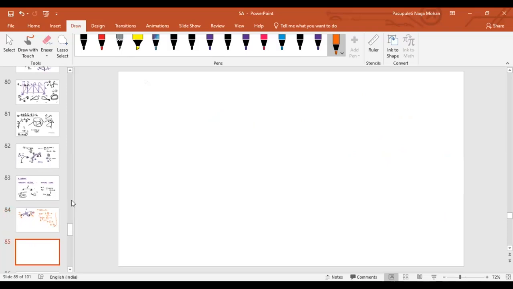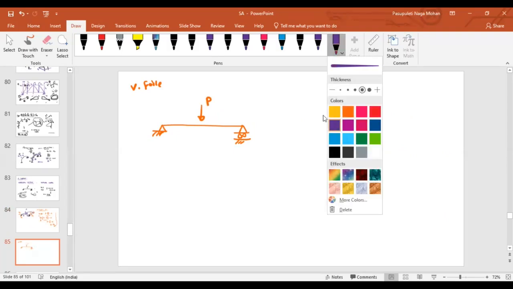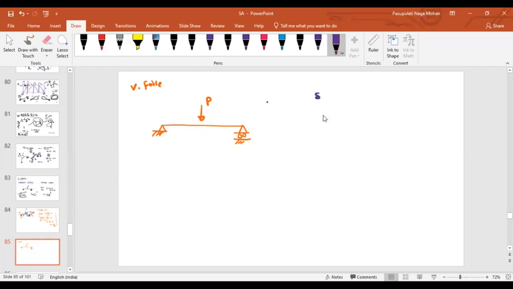Similarly, if I apply the virtual force, let us assume I have considered the same simple beam, and imagine there is an applied force P. Imagine my interest is to find the deflection at point B. As this is in equilibrium, let us apply some virtual force.